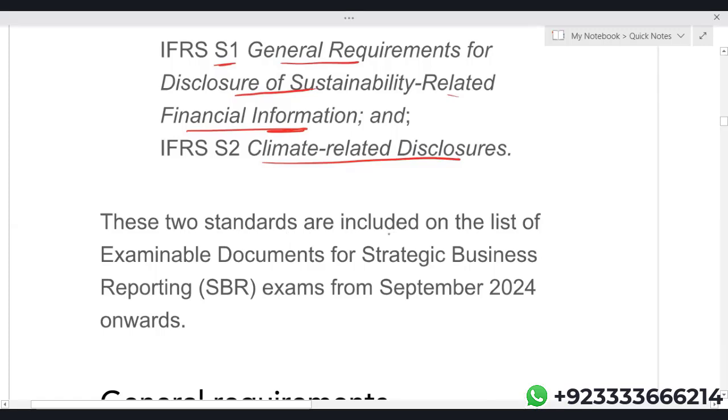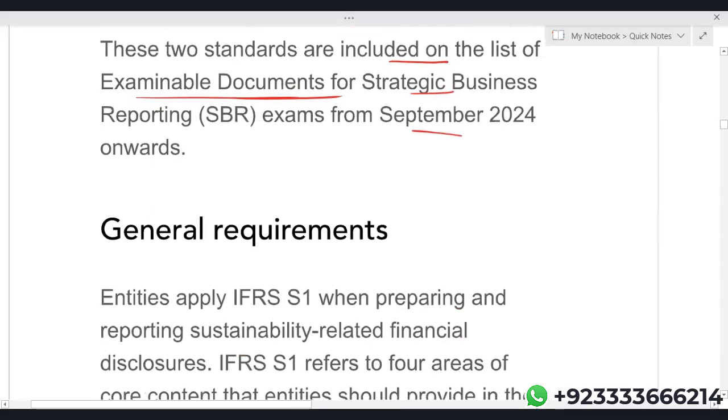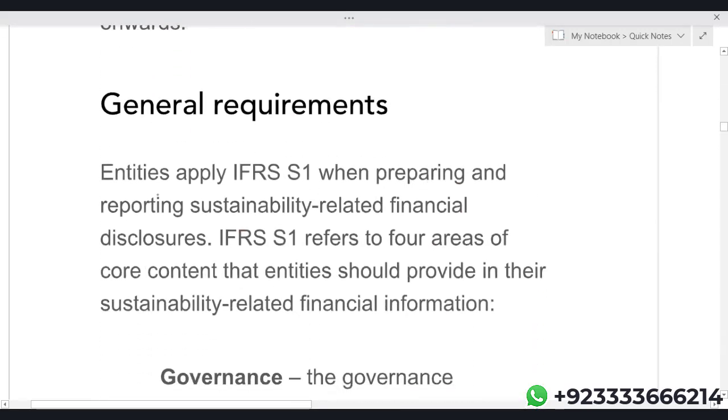These two standards are included in the list of examinable documents in SBR from September 2024 onwards. General requirement. Entities apply IFRS S1 when preparing and reporting sustainability related financial disclosures.